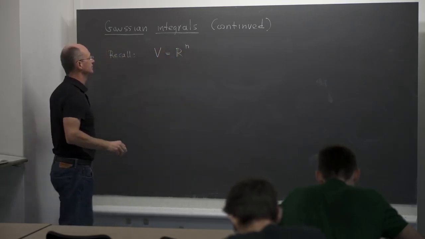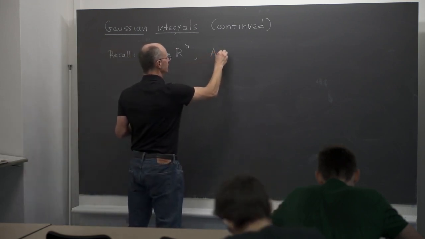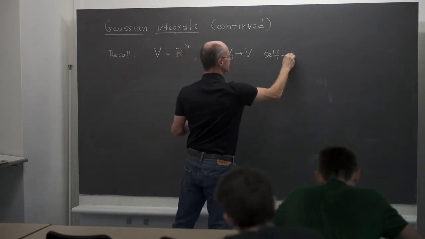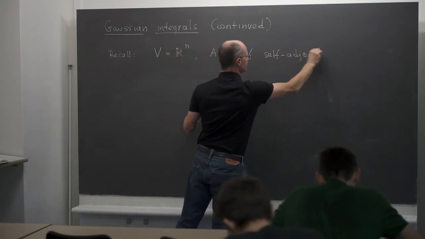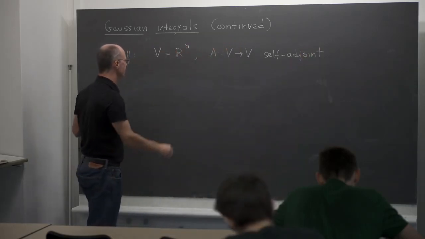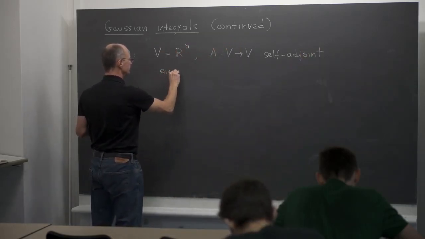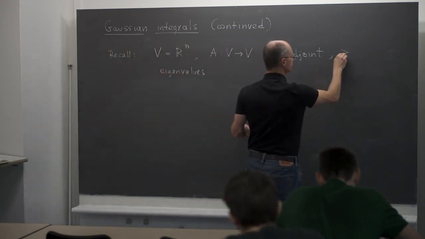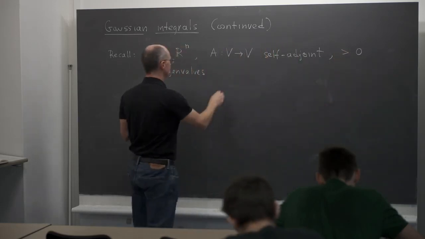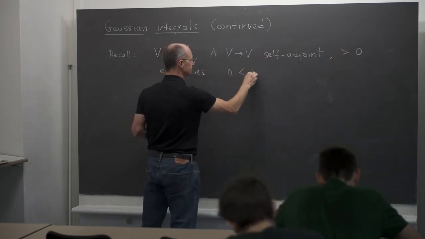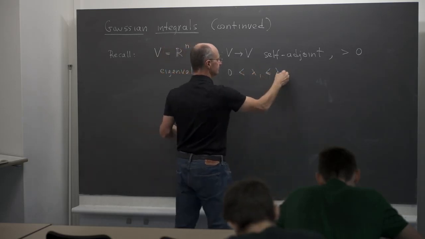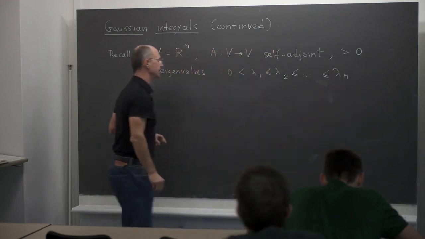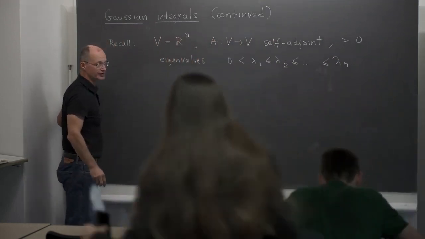So we take V equal to R^n, and we consider the self-adjoint operator A on V. And we assume that all the eigenvalues are positive. So we have our n eigenvalues which are all separated from 0.